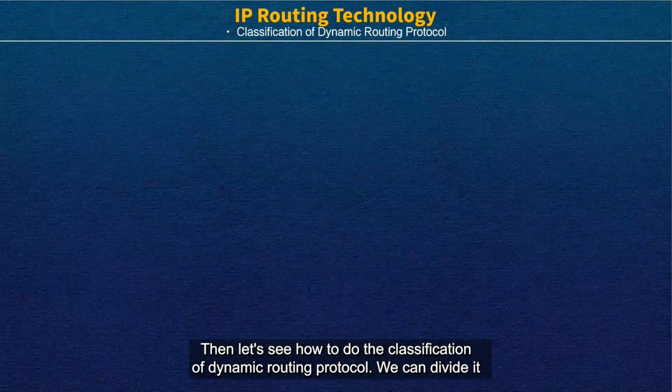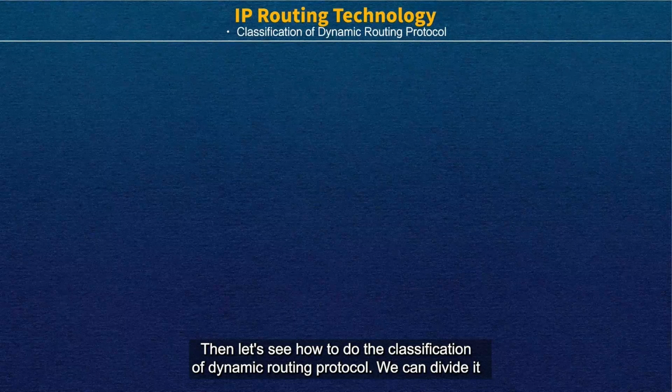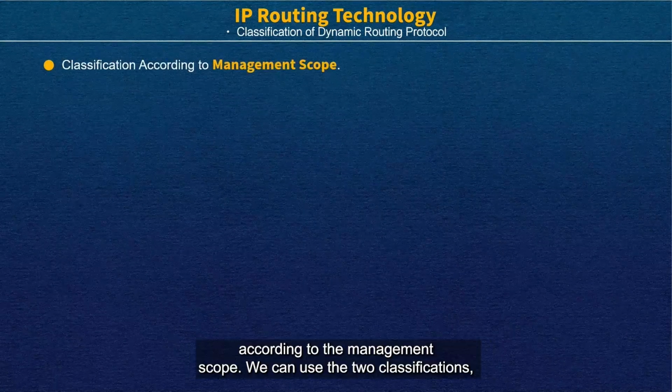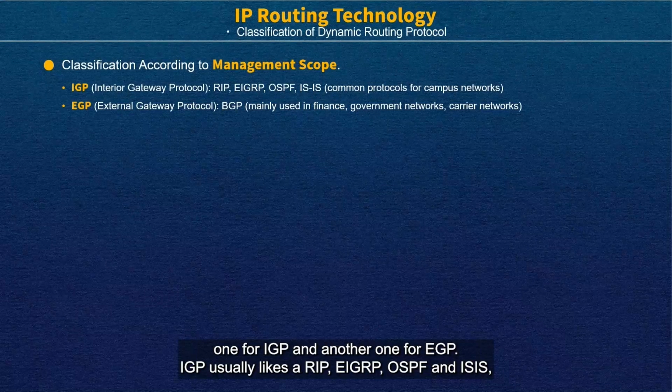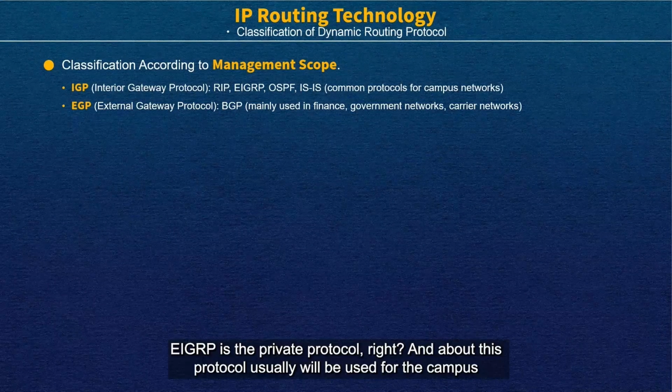Then let's see how to classify dynamic routing protocols. We can divide them according to management scope. We can use two classifications, one for IGP and another for EGP. IGP usually includes RIP, EIGRP, OSPF, and IS-IS. EIGRP is a private protocol, right?